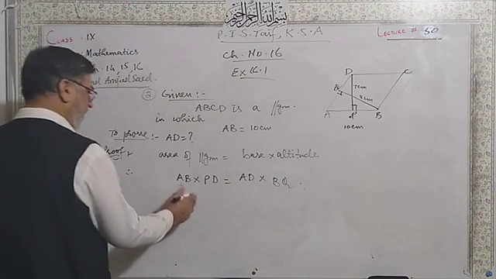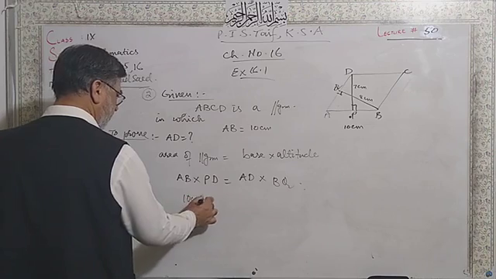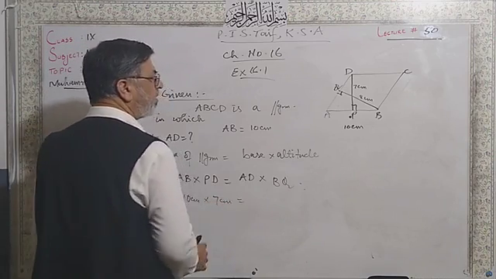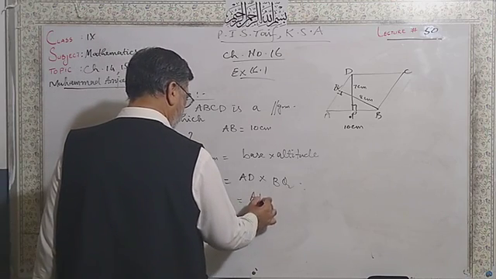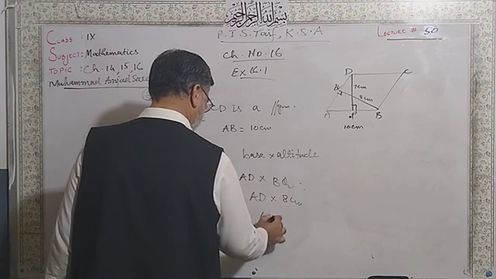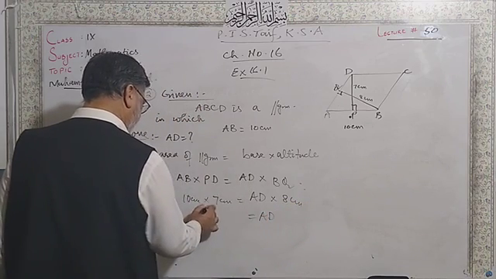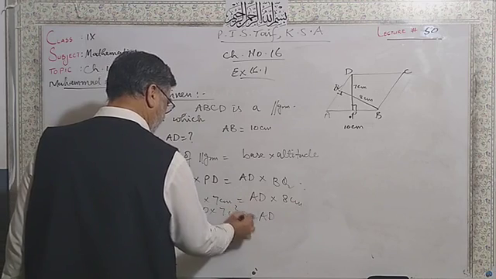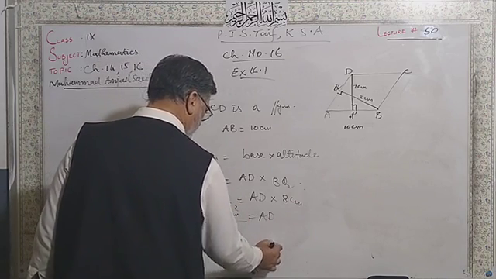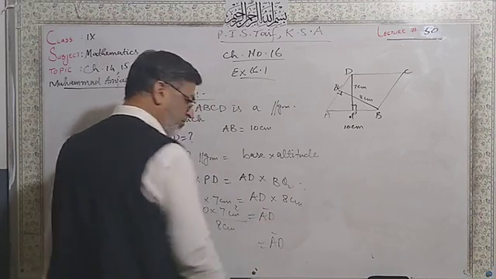Remember that AB is 10 centimeter, PD is 7 centimeter, AD is unknown and BQ is 8 centimeter. So AD is equal to 10 into 7 centimeter square over 8 centimeter. So what will that be?